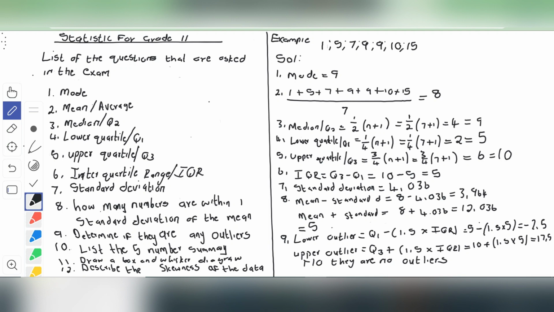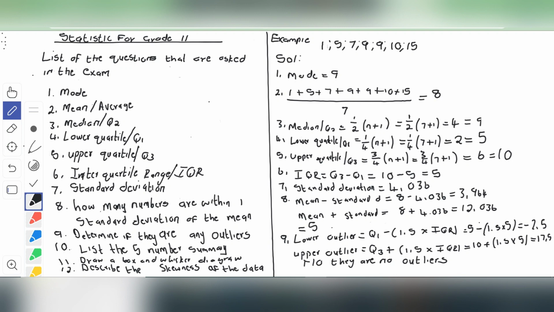Because of space, guys, I'm going to save this video, and then I'll do a video for listing the 5-number summary, drawing a box and whisker diagram, and describing the skewness of the data.